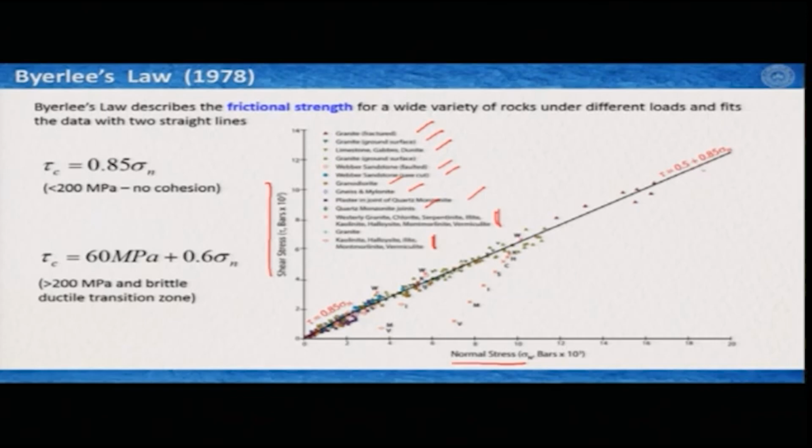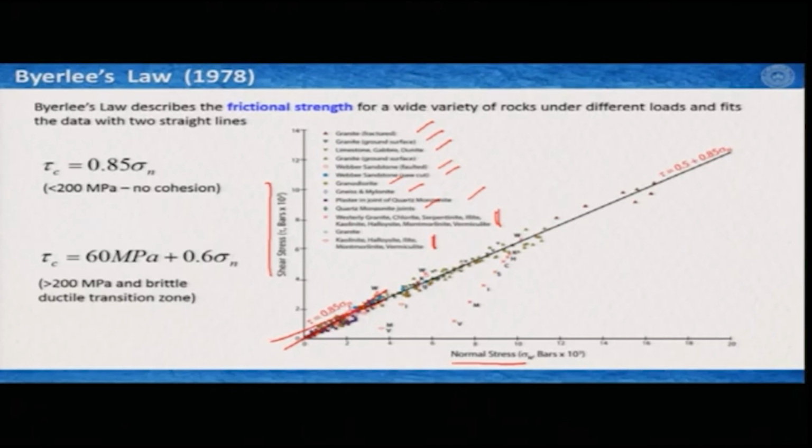The first take home message from this plot is that composition does not determine the frictional strength and, particularly, the cohesion. However, it is a function of normal stress. If we zoom into this part, here the line goes through the origin, and then if we connect these points, the line does not go through the origin; it comes somewhere here.